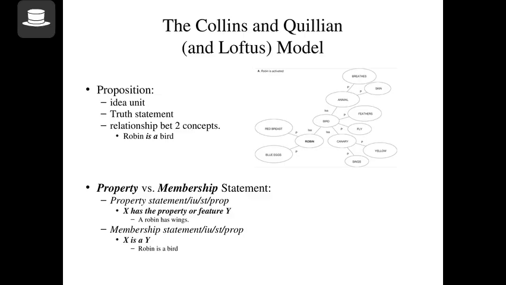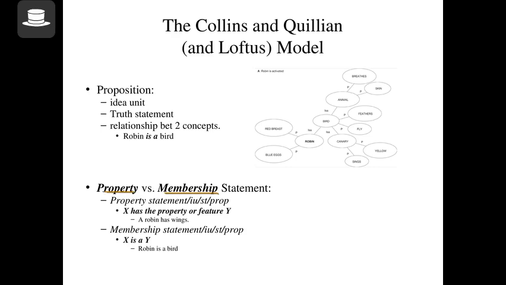In other words, it's saying that Robin has a property of redbreast. Whereas here, it's showing a different kind of relationship between concepts. It's saying Robin is a bird. It's not saying Robin has a bird or has a property of the bird. So there are two kinds of pathways. One is called the property pathway, and the other one is a membership pathway.